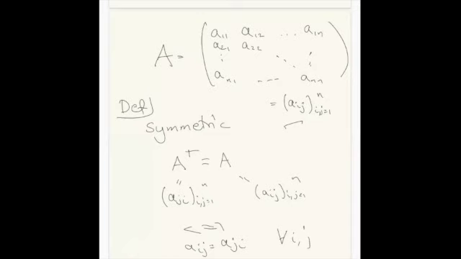The matrix is called symmetric if its transpose is equal to itself. And what is the transpose? The transpose is where we flip the components. We flip the matrix across its diagonal. So the Aij entry is flipped to Aji. And if these two arrays are the same, what it really means is that Aij is equal to Aji.